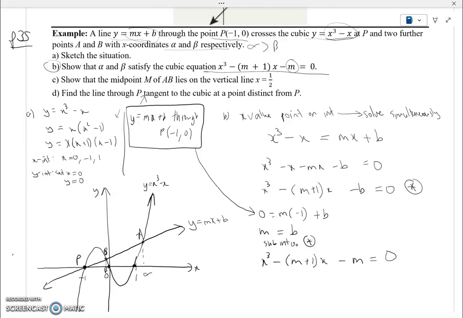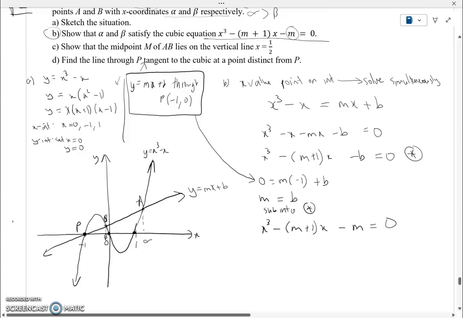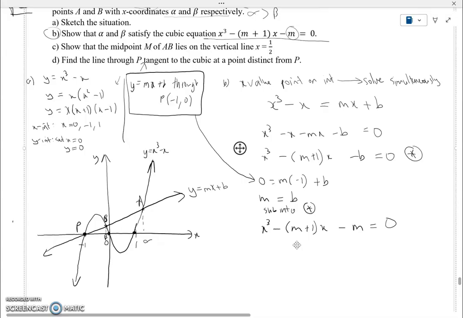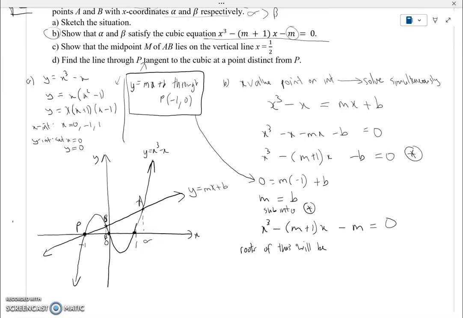So I've got a cubic there, and alpha and beta will be possible solutions to this cubic. And also, there's a third point of intersection, -1. So the roots of this cubic will be the x values of the points of intersection here, which are -1, alpha, and beta. That I think will be useful for later on.